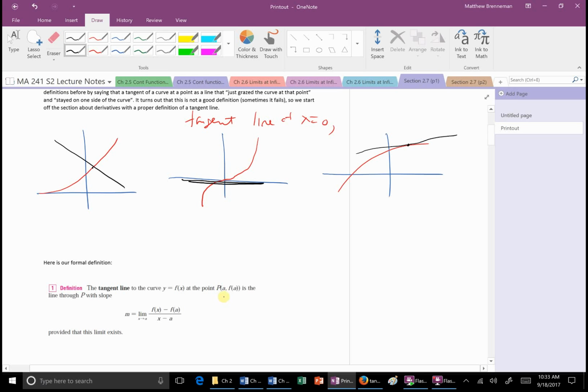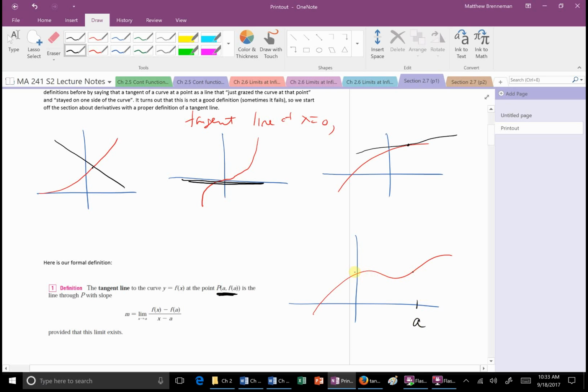on the graph of some function at a certain point is the line that goes through that point. So notice the first thing you need whenever you're dealing with tangent lines is a point on a graph. Here's my point, right here.